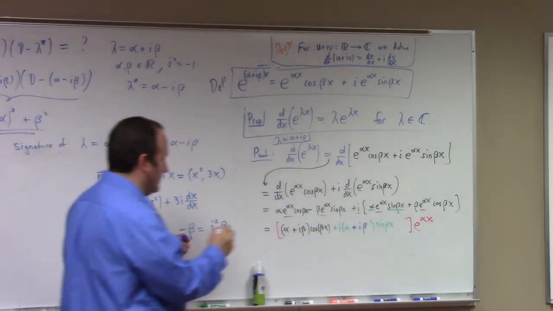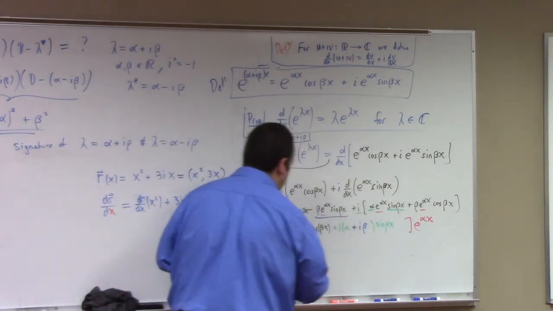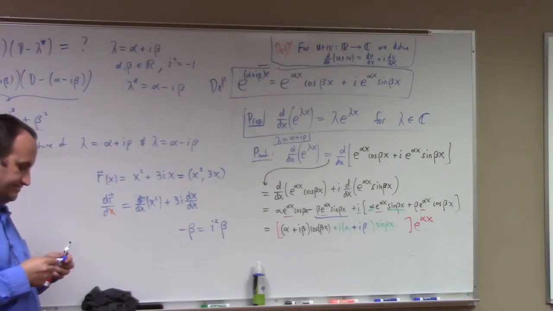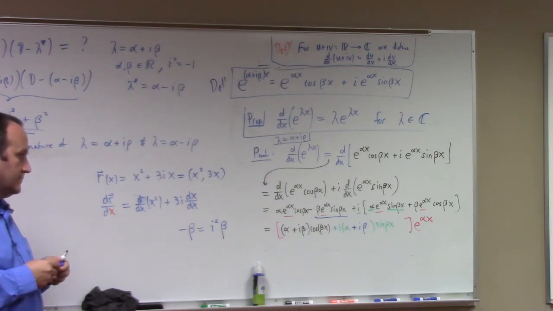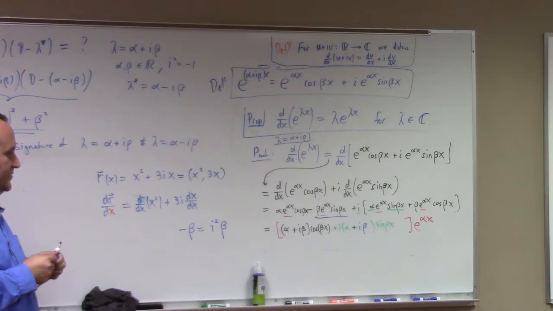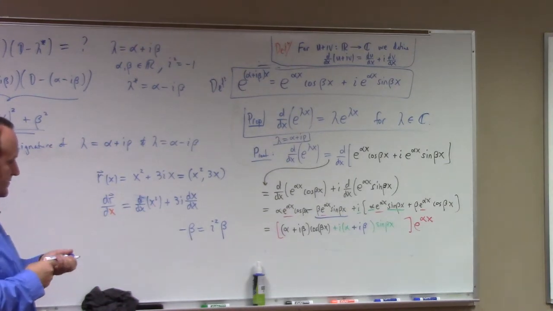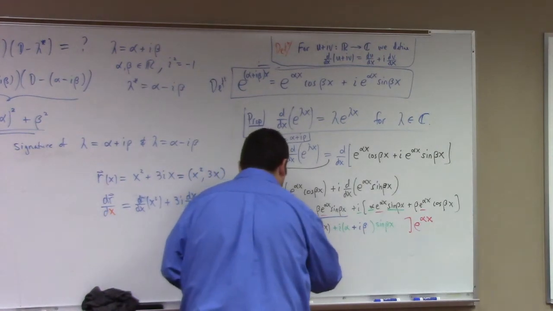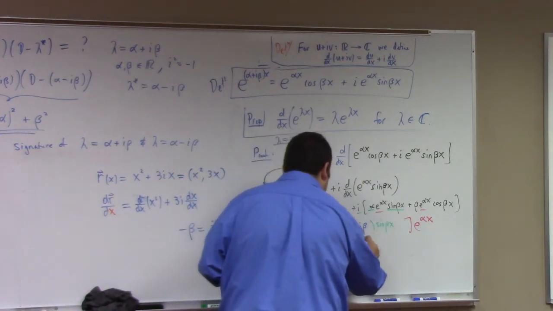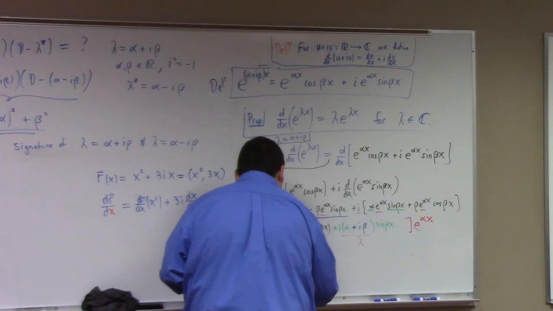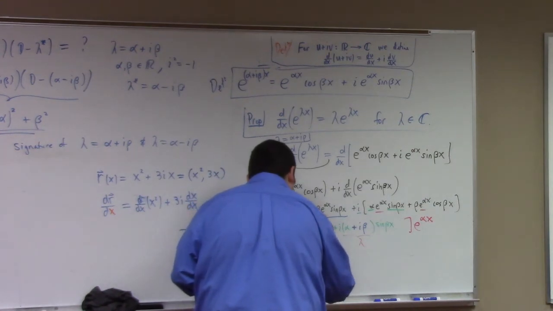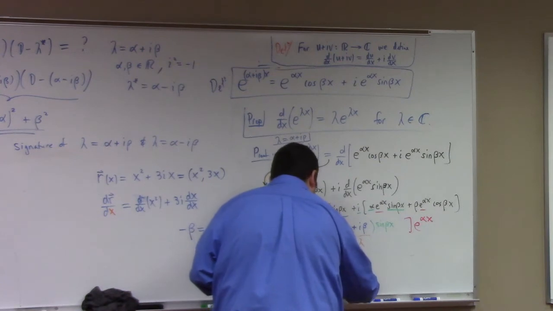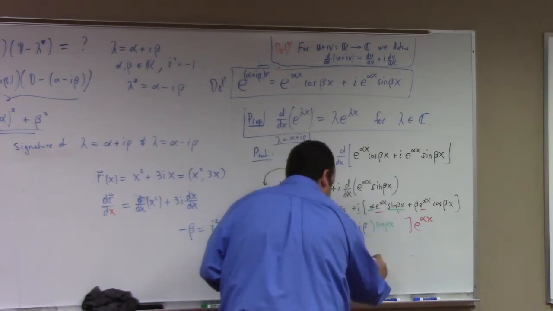And that's coming from this term right here, yeah? Hey, there's a common term here, isn't there? Look at that. Alpha plus i beta, also known as lambda. So we got ourselves a lambda times cosine beta x plus i sine beta x times e to the alpha x.